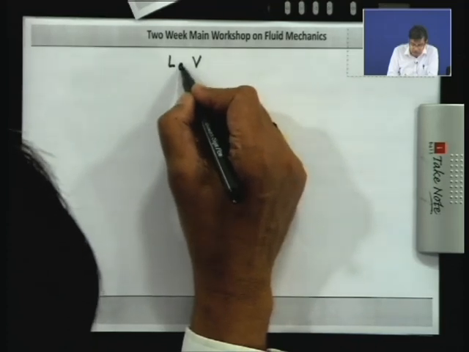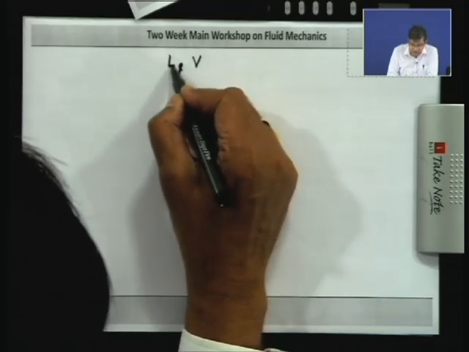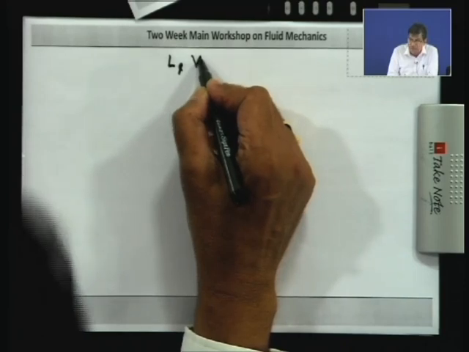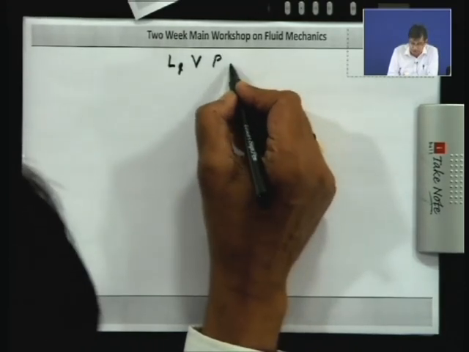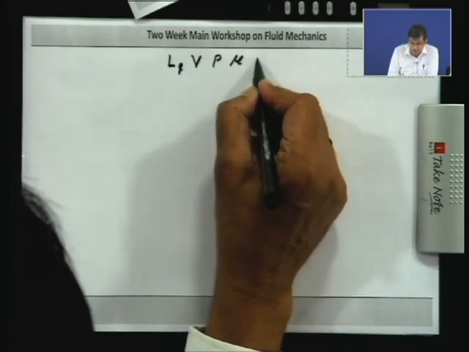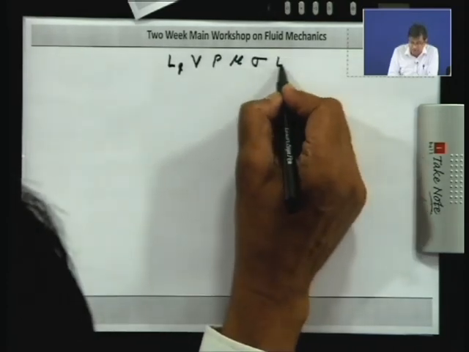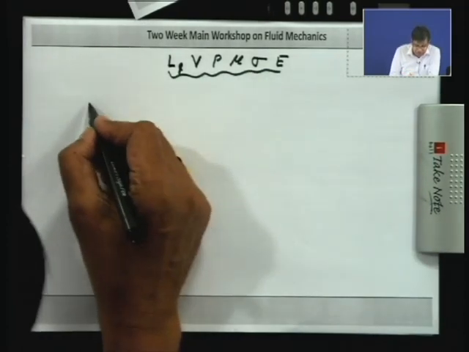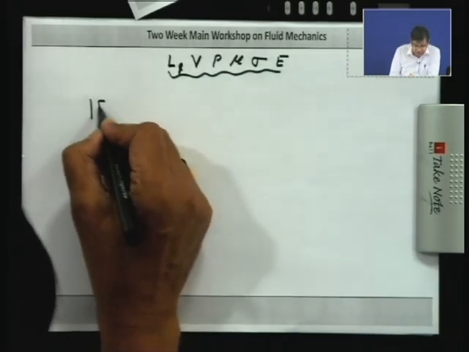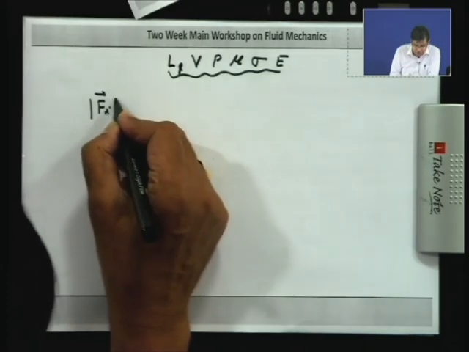We will not write any C; L means characteristic length, V means velocity, and other properties which come into the picture are rho, mu, surface tension coefficient, bulk modulus of elasticity. Let us do that. First let us find the magnitude of the inertial force.